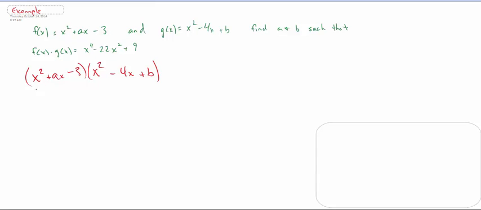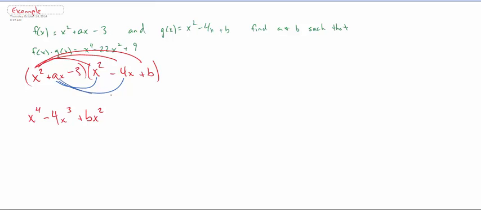Let's expand this out. So x squared times x squared is x to the fourth. X squared times negative 4x is negative 4x cubed. And then plus bx squared. And then we go into the ax times each of these.